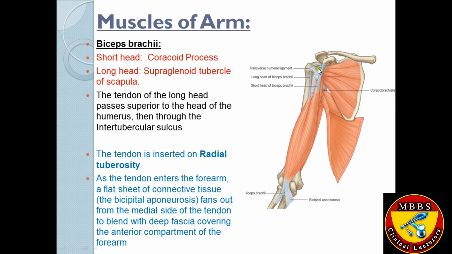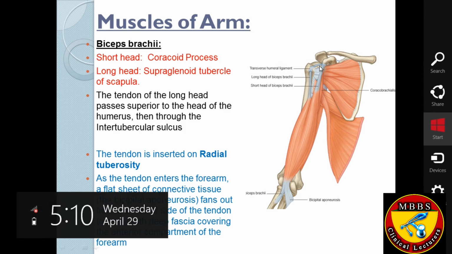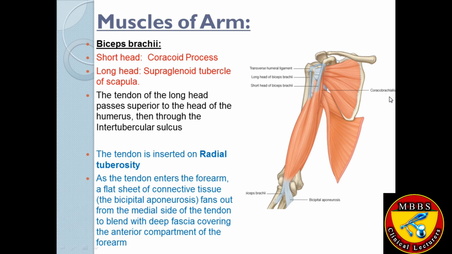Look into the figure. The tendon of the long head passes superior to the head of the humerus, and then it passes through the intertubercular sulcus present in the humerus. The tendon then runs down and joins the fleshy part of the muscle.